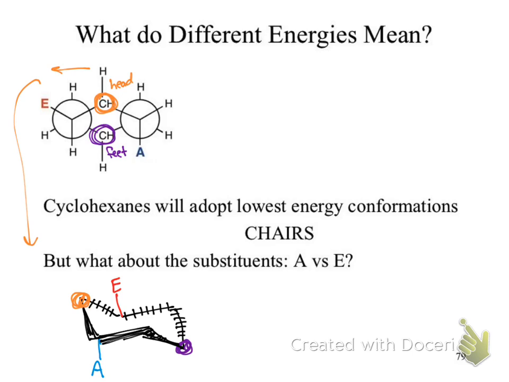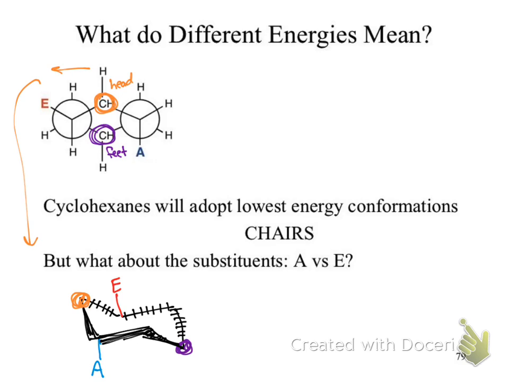A is not in the plane of the paper. A is attached to an atom that is in front of the plane of the paper. So by definition, A cannot be in the plane of the paper. The head and the feet are the only two atoms in a chair that are ever in the plane of the paper. Everything else is outside of the paper.